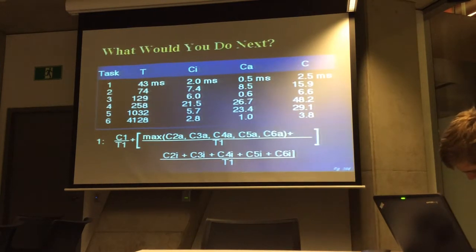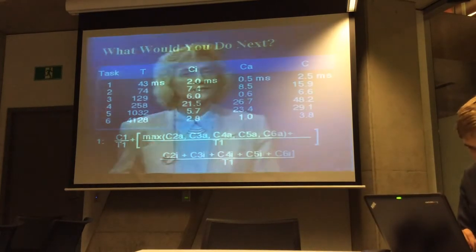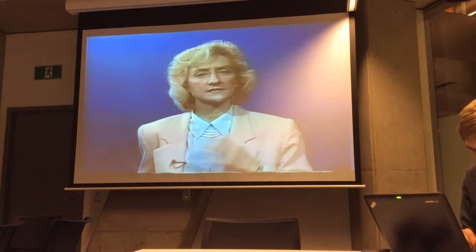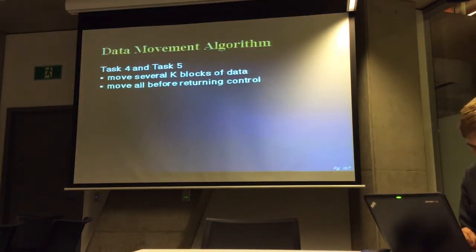Given that the application execution times figure prominently in the blocking factor, reducing the maximum one should help. When the folks at IBM looked at this, they noticed that tasks 4 and 5 had a lot of application processing time, and the interrupt processing for task 4 was also noticeably large. When the analyst investigated, he discovered that both 4 and 5 were moving several K blocks of data at a time. He decided to change it this way.